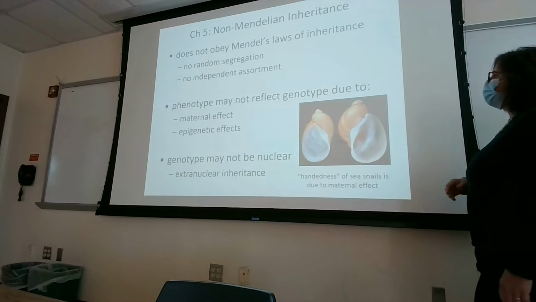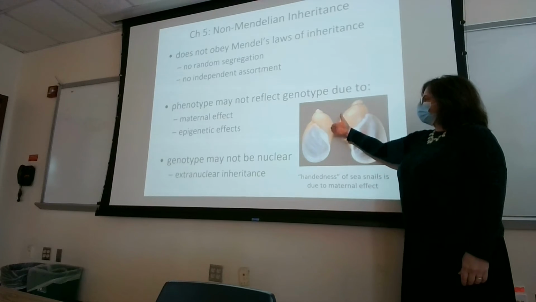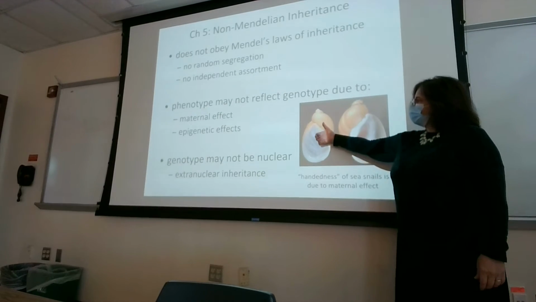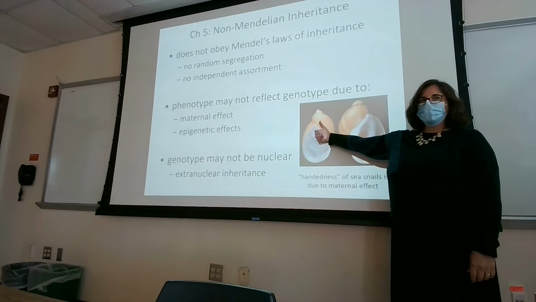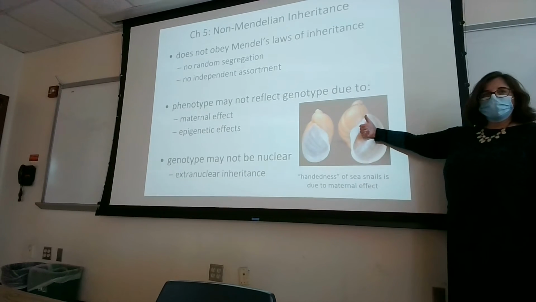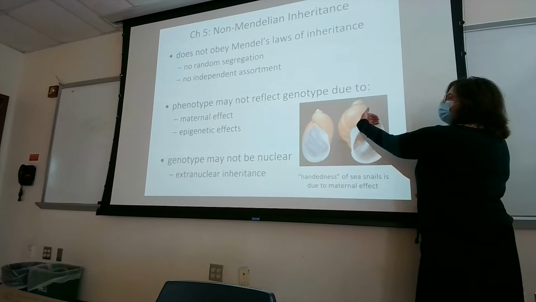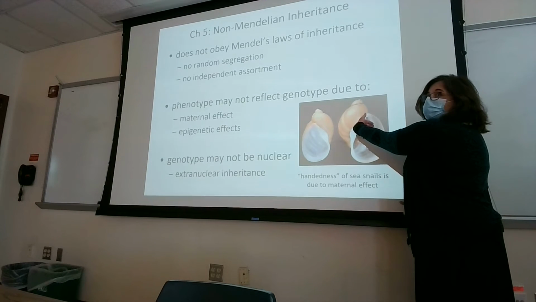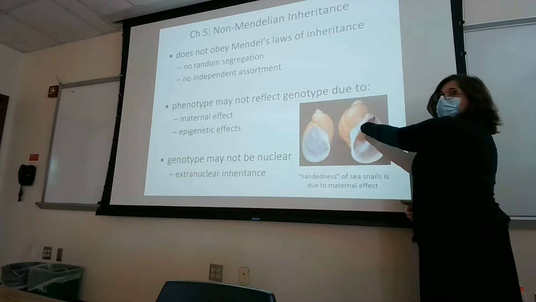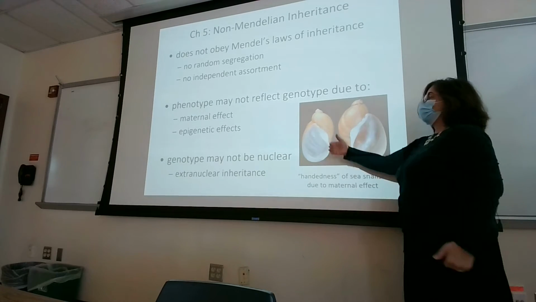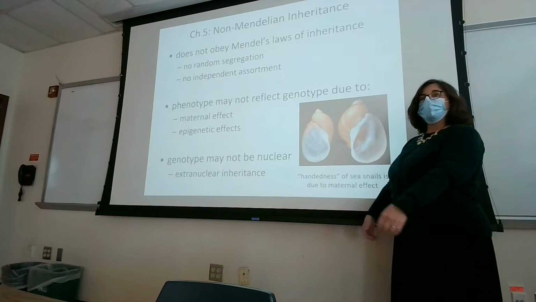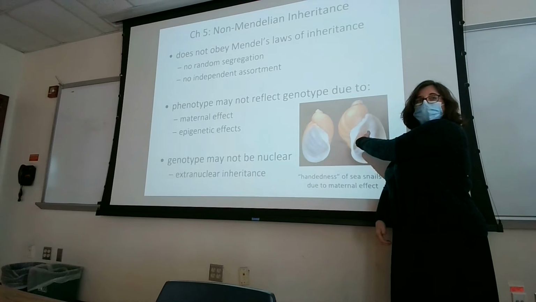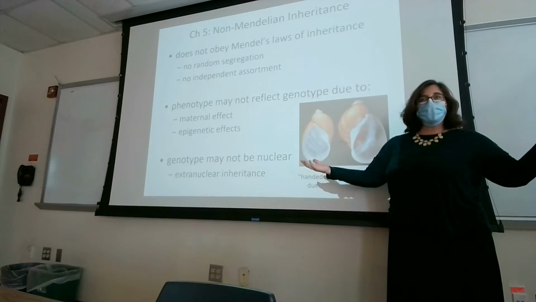If you were to put your hand up here with your thumb going forward, we would see that this snail curves this direction, but this snail does not. This snail actually curves this direction. So I'm using my left hand for this one, and my right hand for this one. So this is a right-handed snail, and this is a left-handed snail, just like people are right-handed and left-handed.